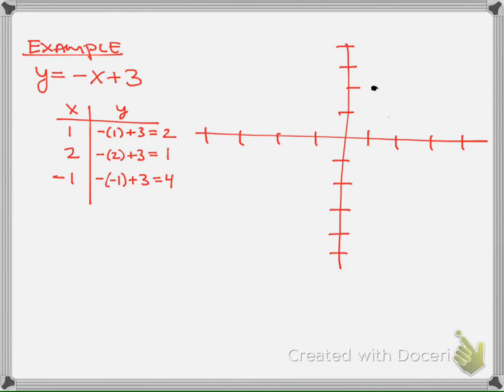Our next point was located at 2, 1, so we go 2 units to the right, 1 unit up. The last point we showed here is located at -1, positive 4. So -1, positive 4 gives me a point here.